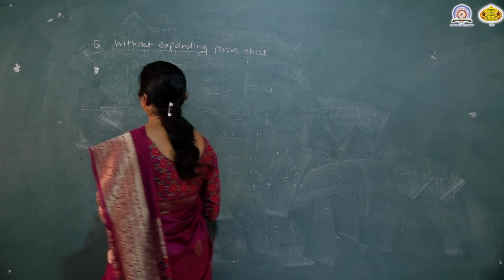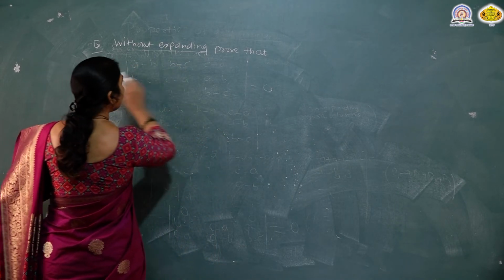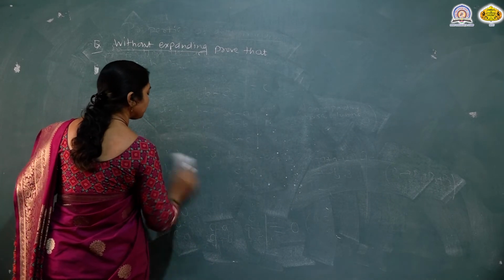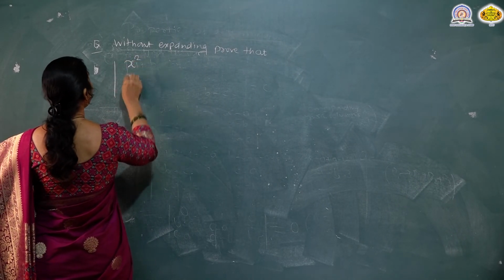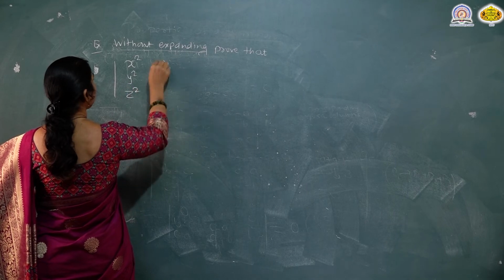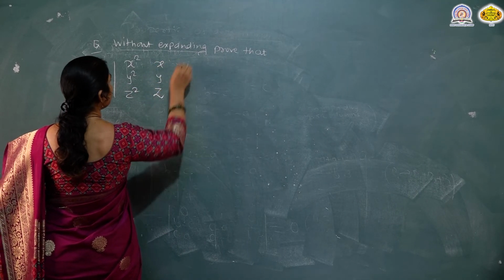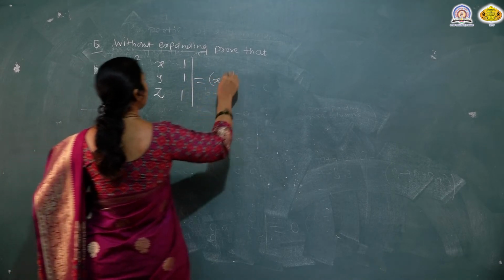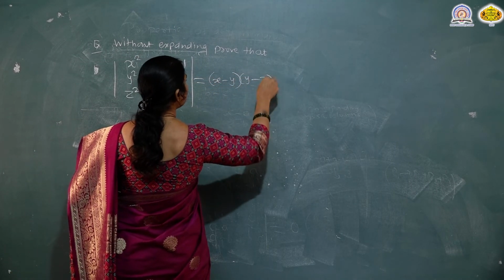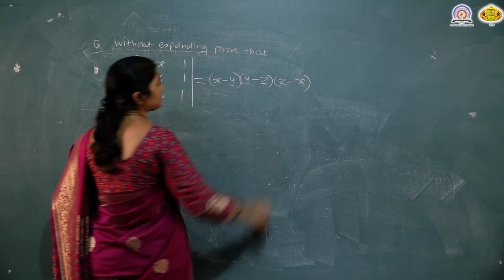Take one more example. Without expanding, prove that the determinant with rows x square, y square, z square; x, y, z; 1, 1, 1 is equal to x minus y, y minus z, z minus x.